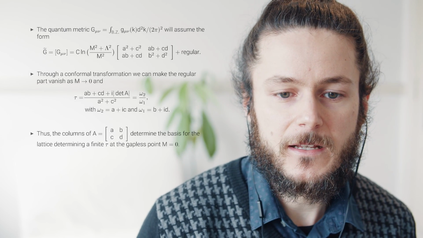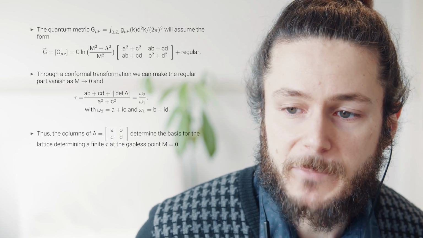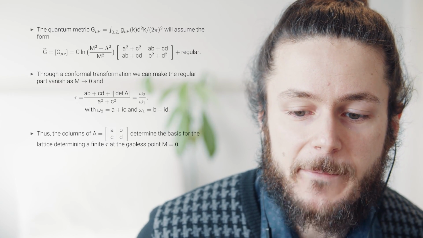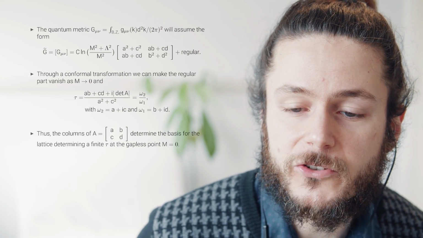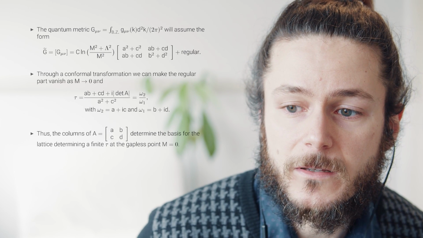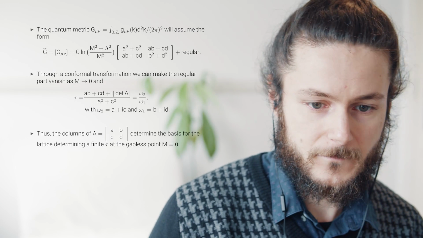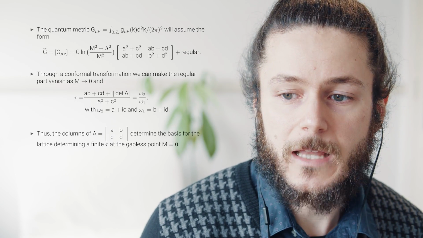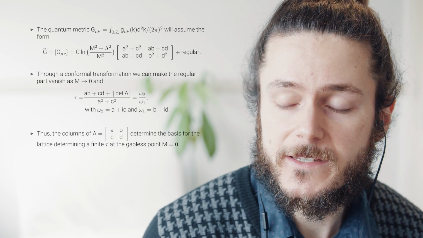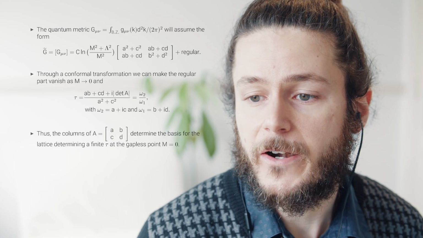If it wasn't clear, lambda is a bit arbitrary, but it has to be small. It is the neighborhood of k equals to 0, which contributes the most to the integral, because it's near the critical point. So lambda essentially is small, but otherwise arbitrary.